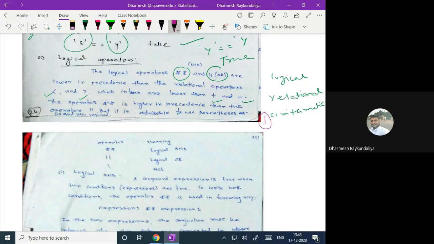That means arithmetic operators are performed first, then relational operators, and then the logical operators. That means logical operators have lower precedence than relational operators, and relational operators have lower precedence than arithmetic operators. Okay.